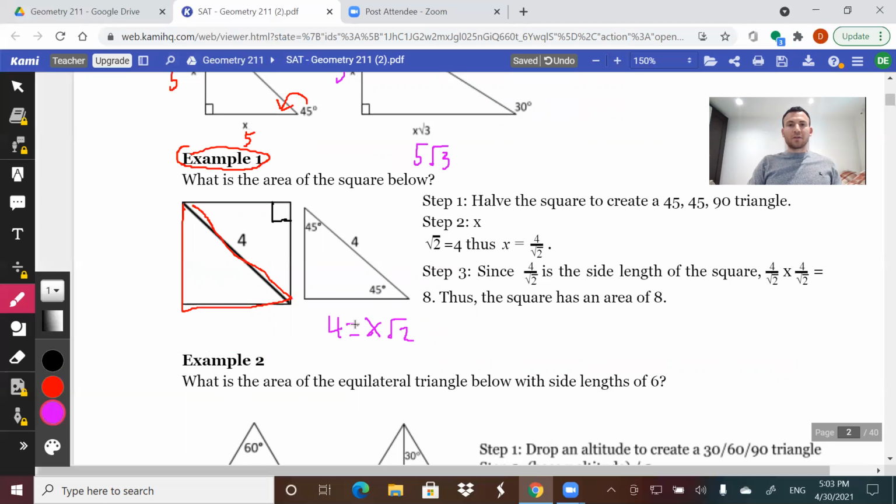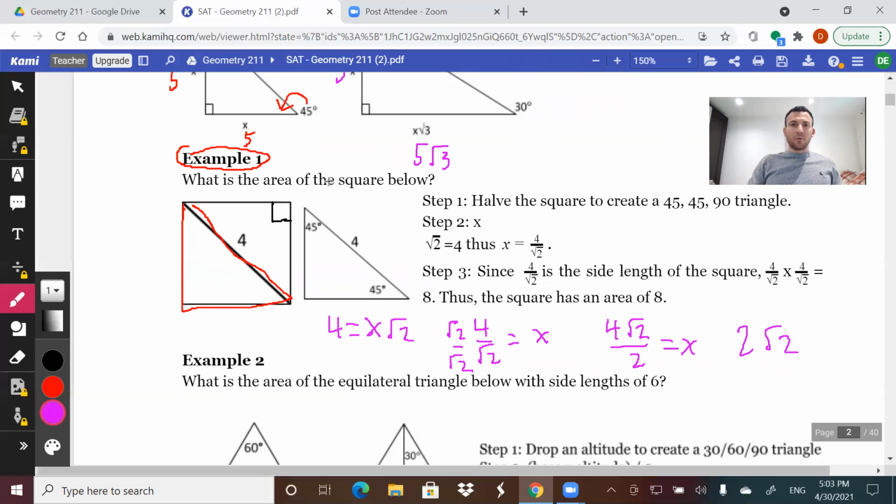So that means that x is equivalent to 4 over root 2. And if you want to rationalize it, multiply the top and bottom by root 2, you'd get 4 root 2 over 2, which is equivalent to x. So finally, x is 2 root 2.